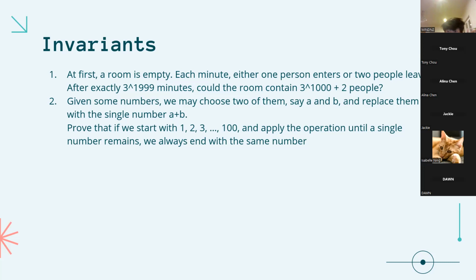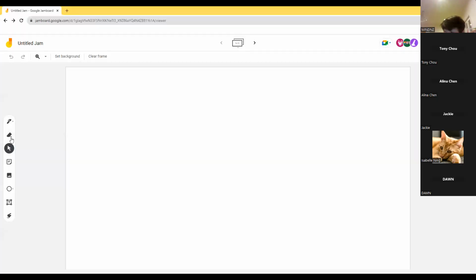Okay, hopefully that's enough time to do problem one, so I'll present that. So for the first problem, we have 1, 2, 3 up to 100, and we can select two numbers and replace them with the sum.